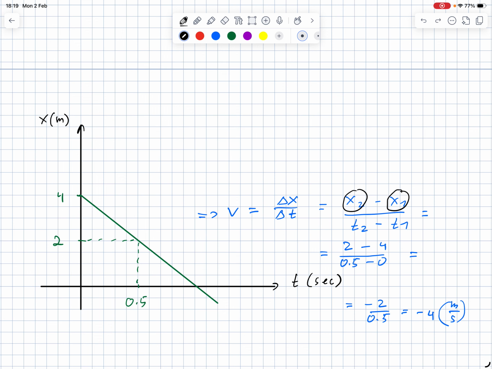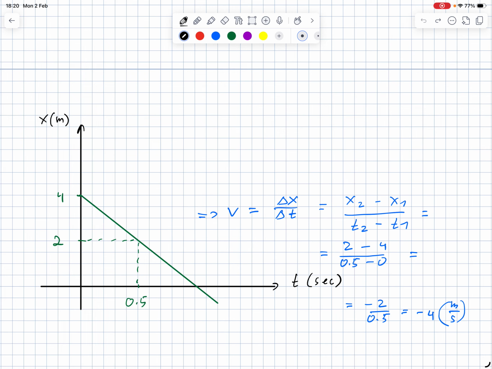Now, with this specific problem, for the final position I will take this coordinate, because that is what I was given as data. Also, this coordinate. The final coordinate is at a time of half a second, and the position would be 2 meters, as you can see here.